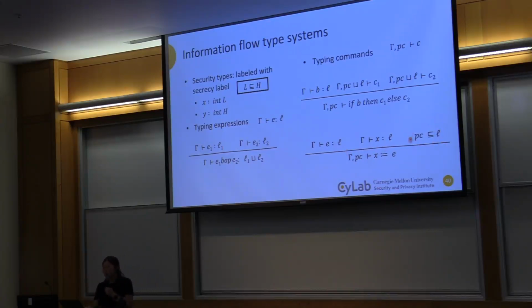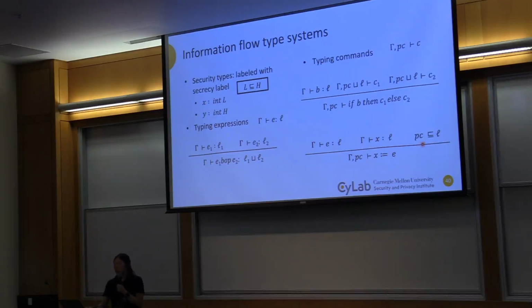And this one is where I'm trying to rule out the implicit flow. This is saying I need to know where I'm doing the assignment. If my variable is low and I'm under a high context, this condition won't hold. So what I need to do is make sure that when I do assignment, my context has to be lower or equal to my variable level. Sometimes people say the variable is protected at this level.